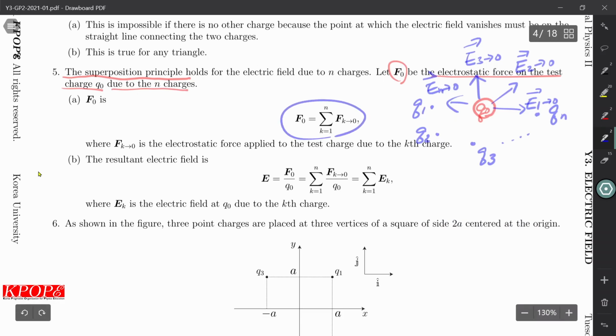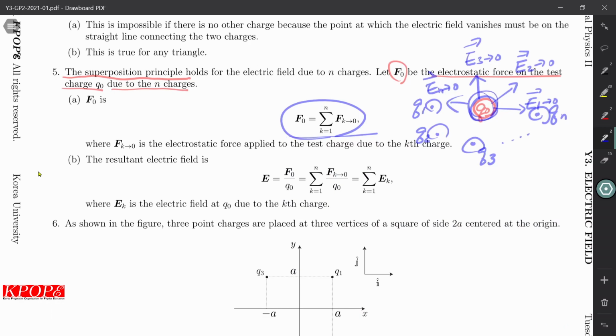So the net electrostatic force due to the n charges applied to the test charge Q0 can be expressed in terms of the sum. And the electric field can be computed by dividing the electrostatic force by the amount of test charge Q0.